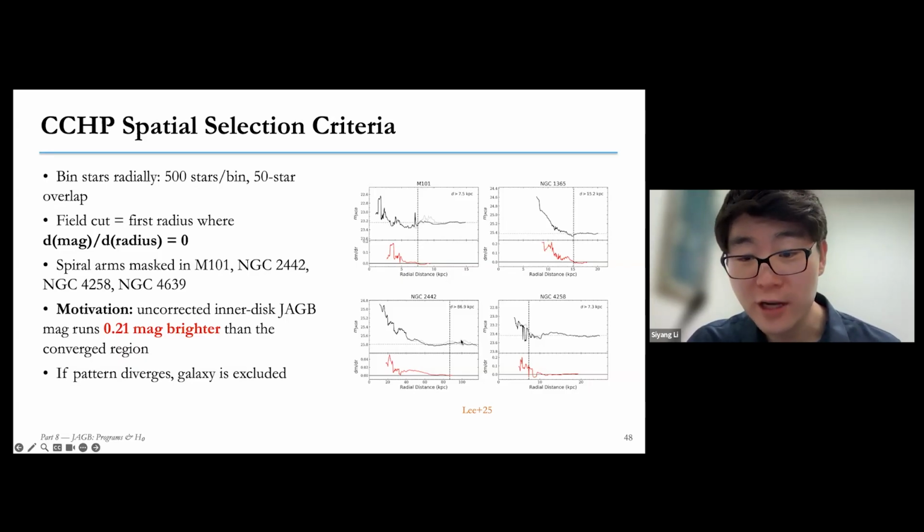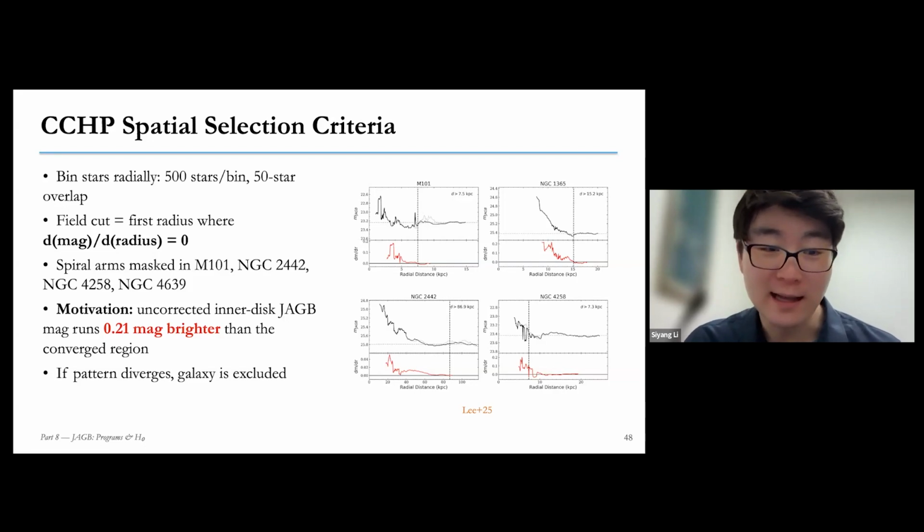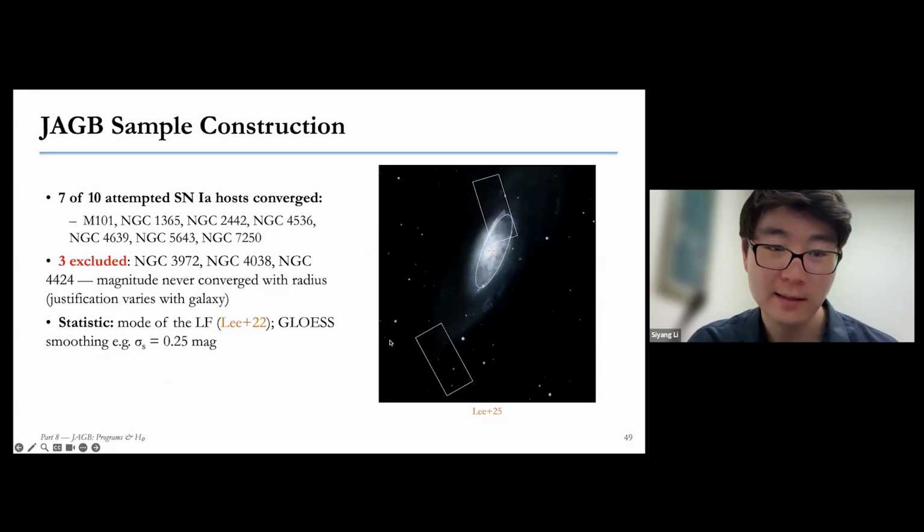As you go further, the JAGB levels out. That's what they find in most galaxies, not all. So they select their stars based on where the JAGB starts to plateau. They keep the galaxies where they see this plateau and make their measurements there, but any galaxies where it doesn't plateau, they throw away from their data sets.